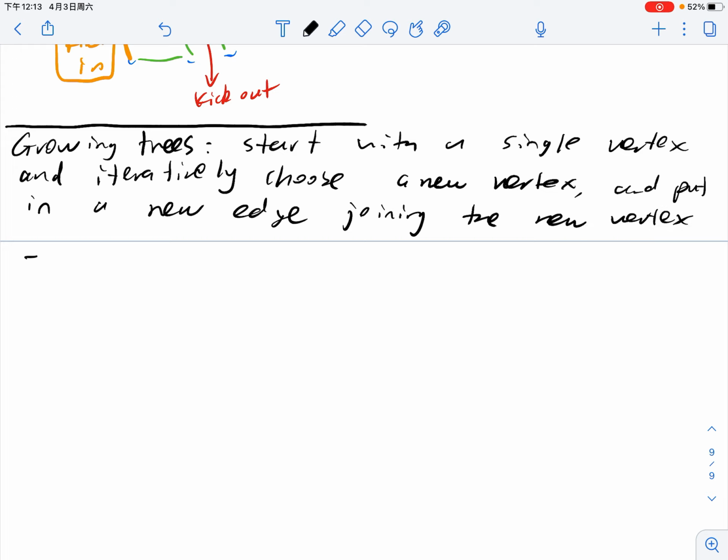Actually, you can cook up the algorithm by yourself. So here I just use an example to illustrate this.